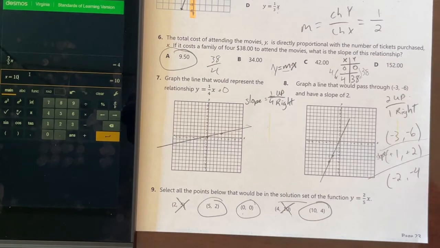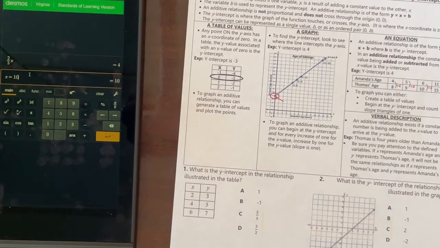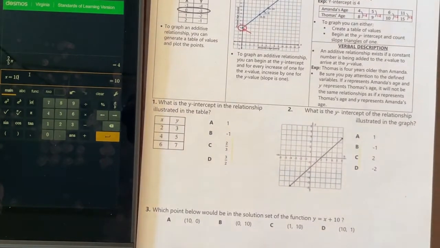So now, still in that 7.10, we're now working with C and D. For number 1, it asks what is the y-intercept of the relationship illustrated in the table.